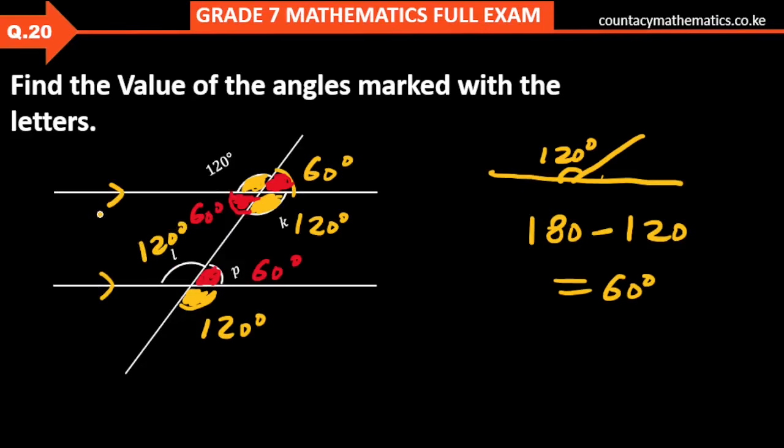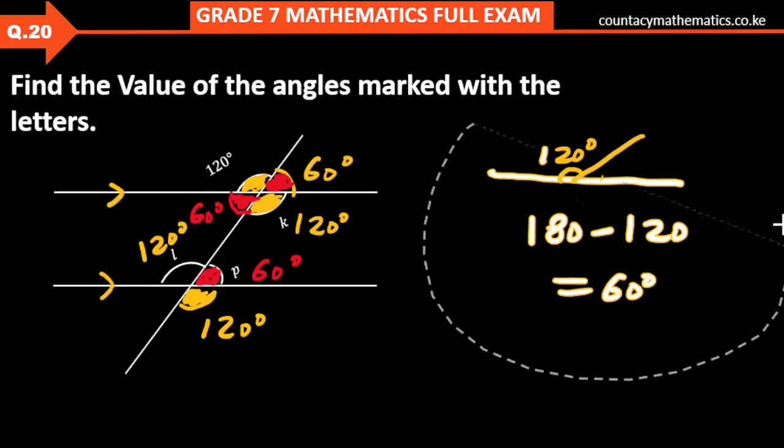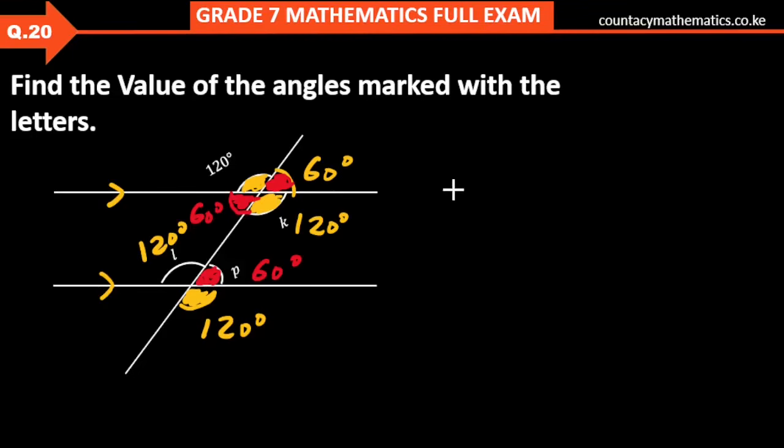Is there any other angle that we have not yet solved for? I believe that we have worked out the angles that we are supposed to work out for. So finally what we do is that we bring them together. We are supposed to find the value of K, P, and also L. And what do we get for K? We get it is equal to 120 degrees.